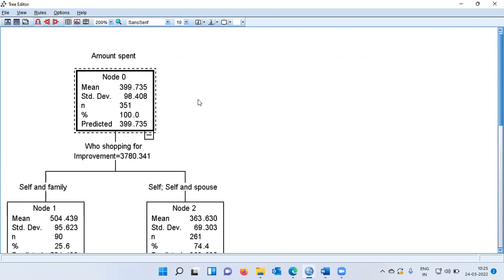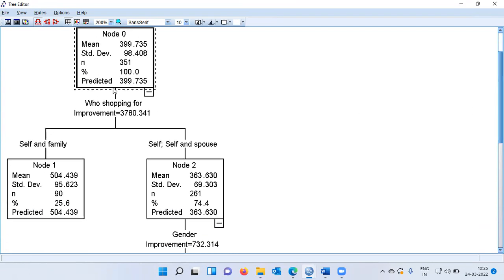I'm interested in identifying those segments where customers spend more than $400. It gives me additional statistics like the standard deviation, sample size, percentage, and the predicted value as well. When I look down, you can see here, right below the parent node, there is a variable called who is a customer shopping for, right?